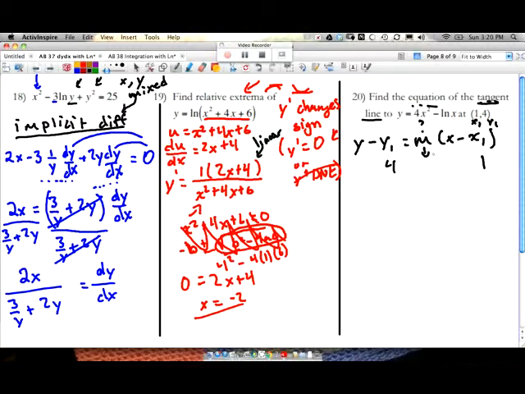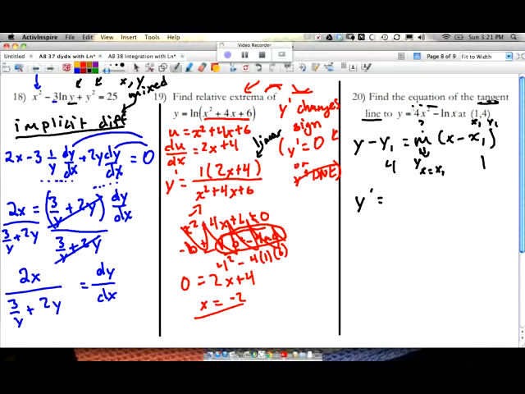And to find slope, this is really the derivative. So y prime, when x equals x1, which is in this case 1. Alright, so let's take the derivative.